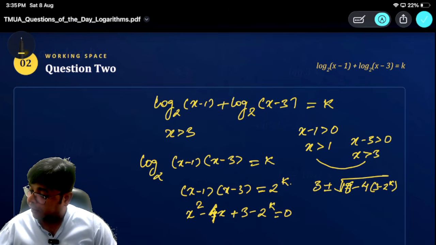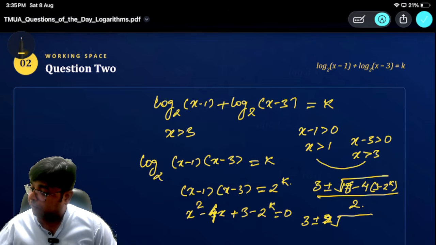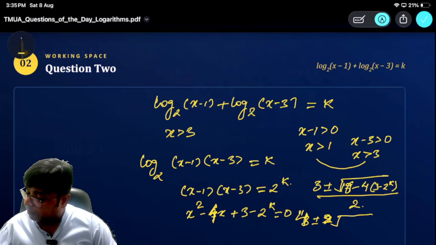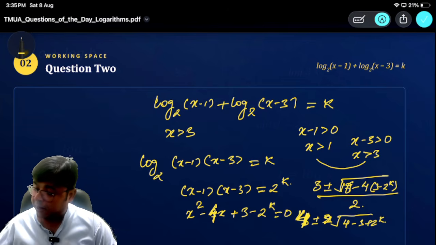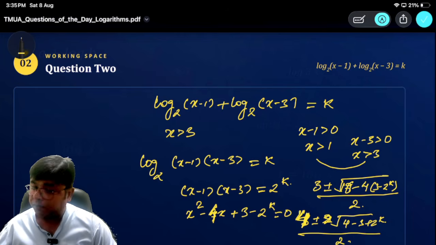Now if I take 4 outside, upon 2, this gives me 4 plus minus 2 under root of 1 plus 2 to the power k, by 2.